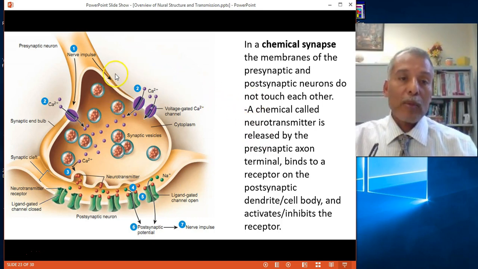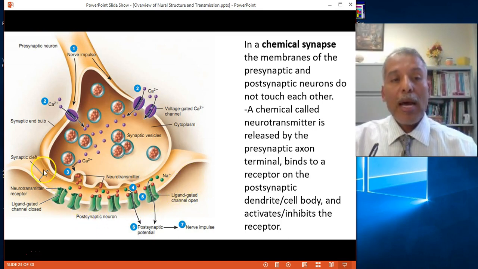again, the terminal comes from the presynaptic neuron. The dendrite, or the part of the body, comes from the postsynaptic neuron, and the synaptic cleft or junction, synaptic cleft or the synaptic space, separates them.